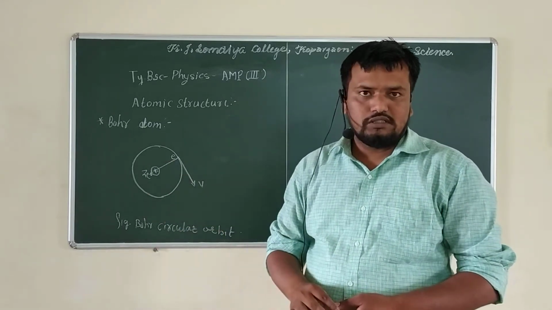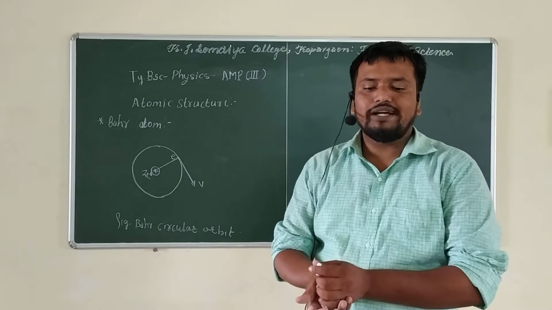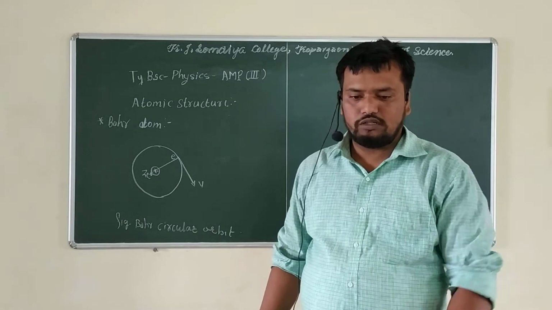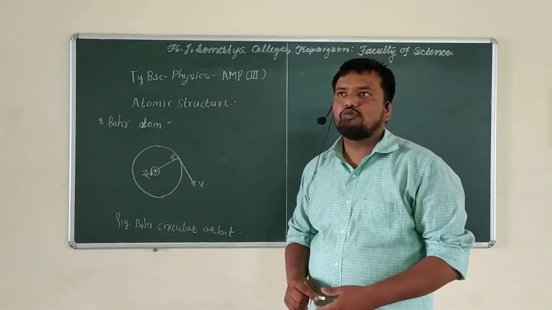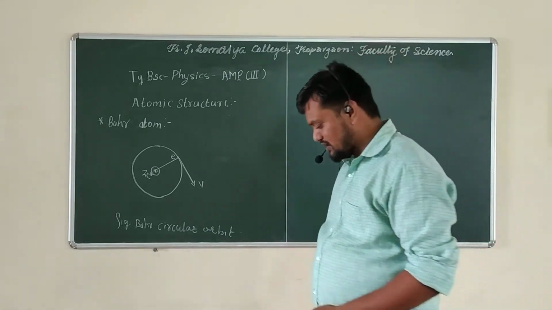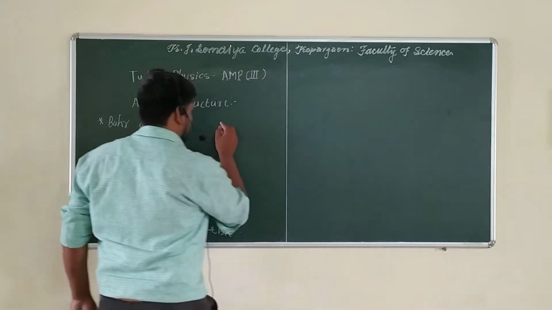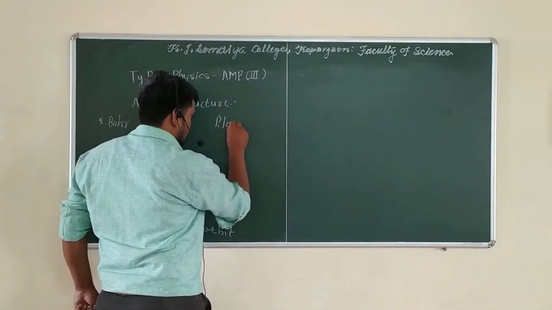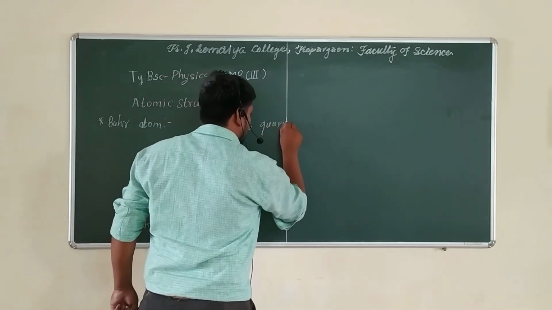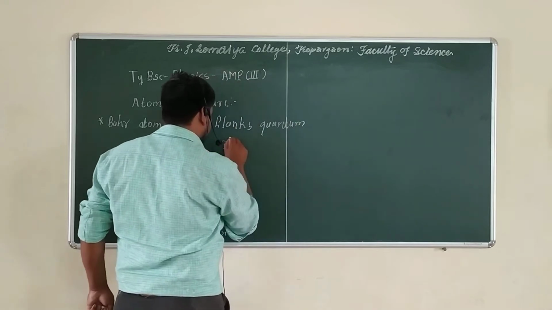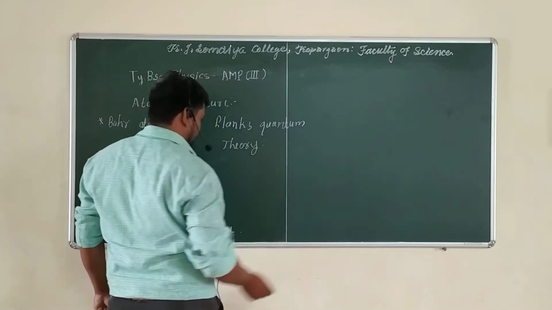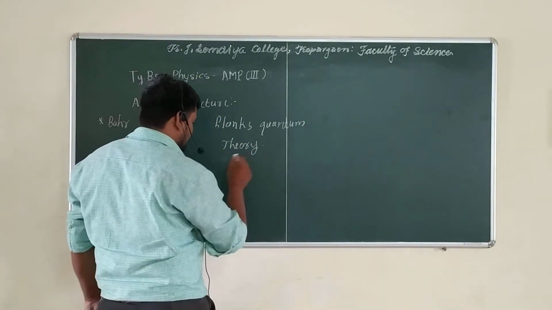Niels Bohr modified the Rutherford model of an atom on the basis of Planck's quantum theory, and he assumed that the hydrogen atom consists of a stationary nucleus.